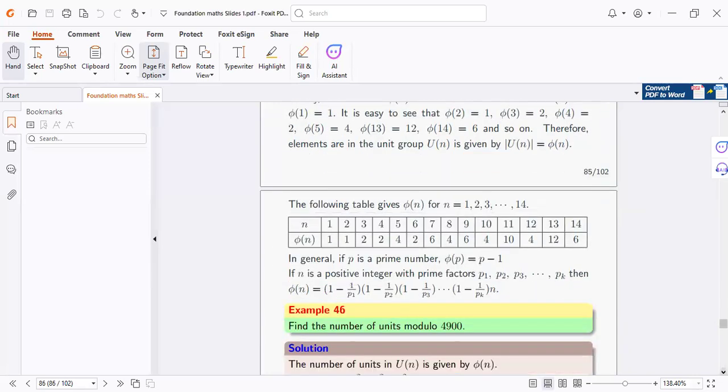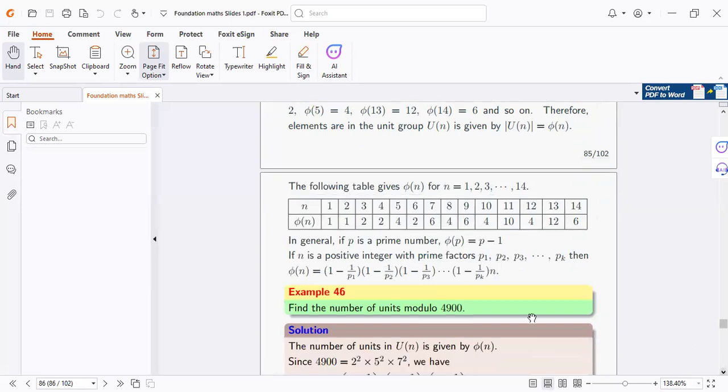Now, I've put the table here, and the table is just giving us the number of elements relatively prime. We've already shown that the number of elements relatively prime to 14 is 6, relatively prime to 13 is 12, relatively prime to 12 is 4, and so on. What is important is the formulas I've given here. If n is prime, then we use this formula. But if n is not prime, then you factor n and find out how many prime factors are in n.